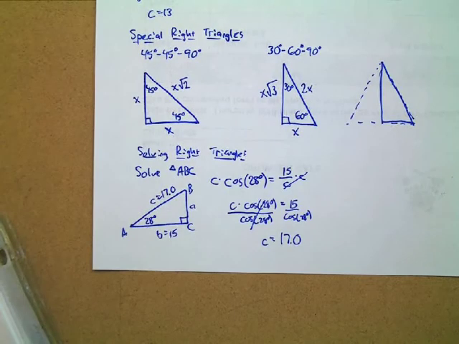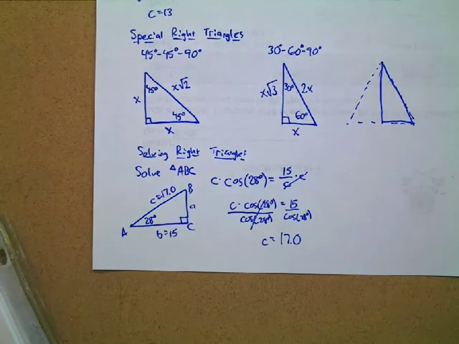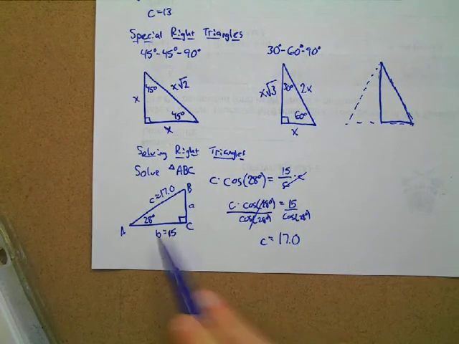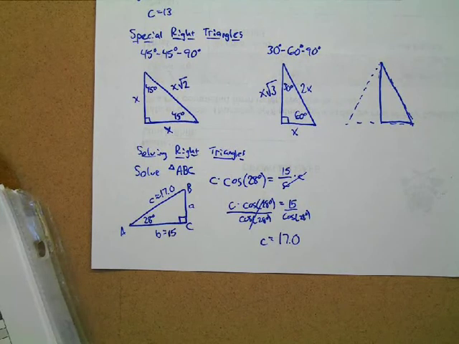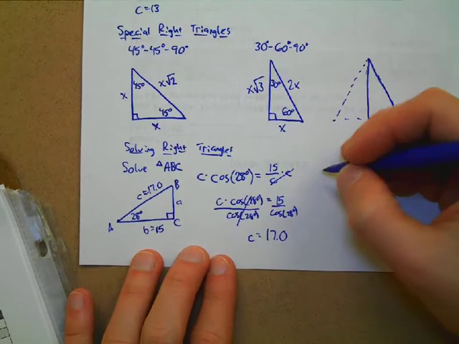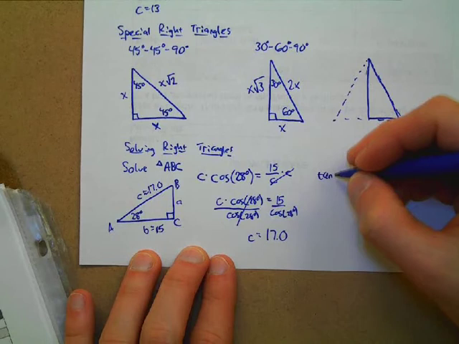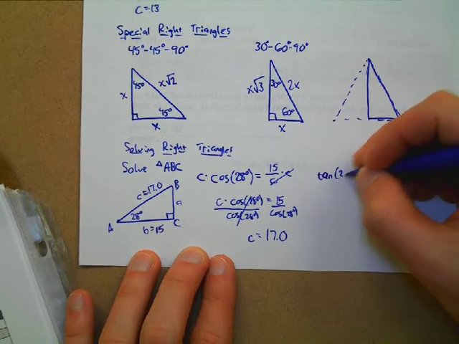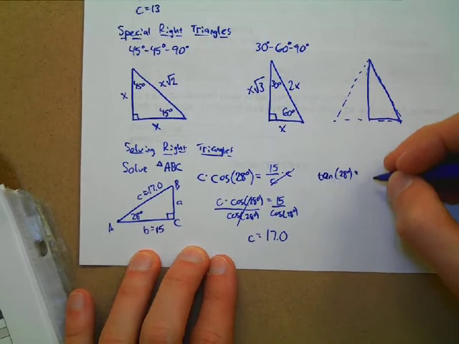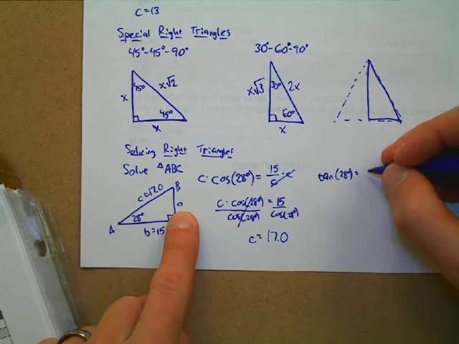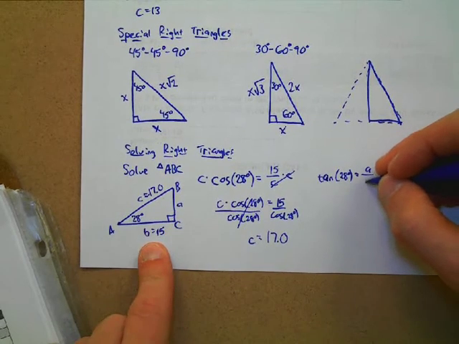Okay. What other trig ratio could we have used here? So cosine had adjacent in it. What other trig ratio has adjacent in it? Tangent. So we also could have said tangent of 28 degrees is equal to, now tangent is opposite, so it'd be A over 15, A over B, which is A over 15.